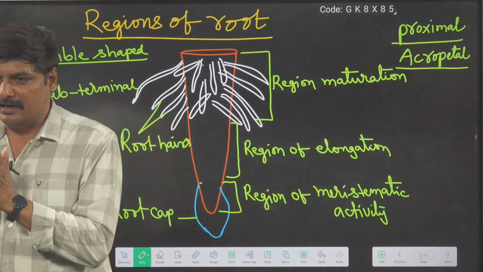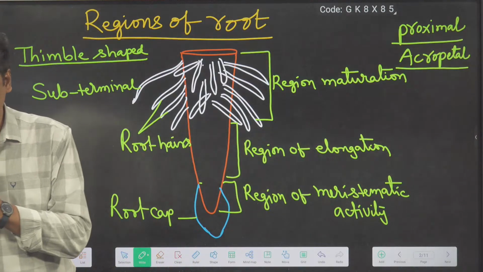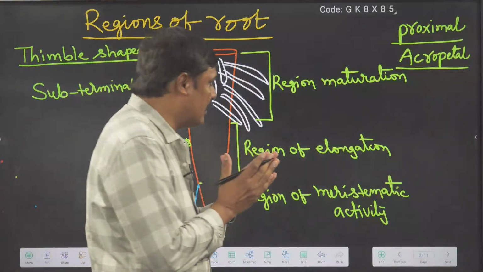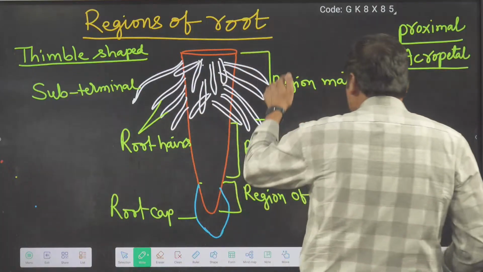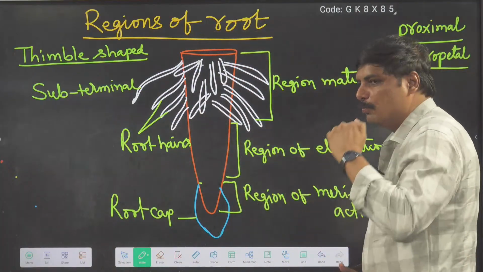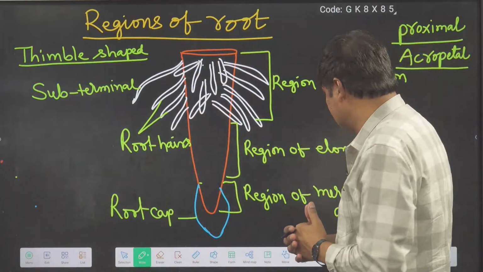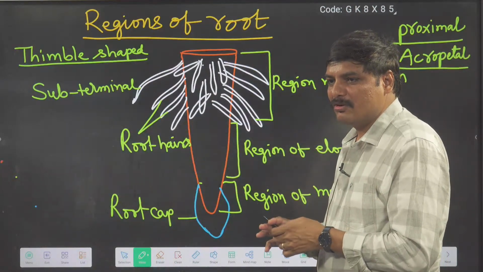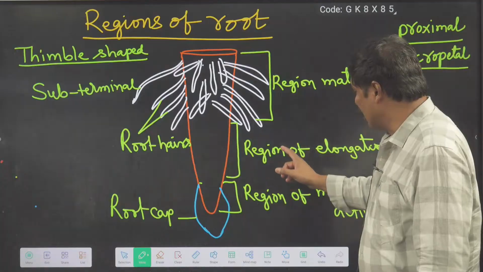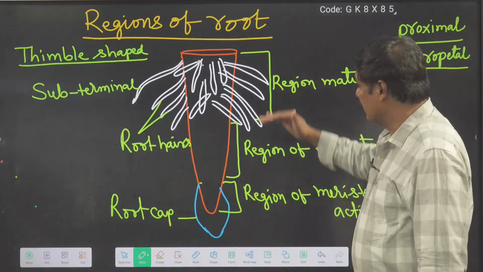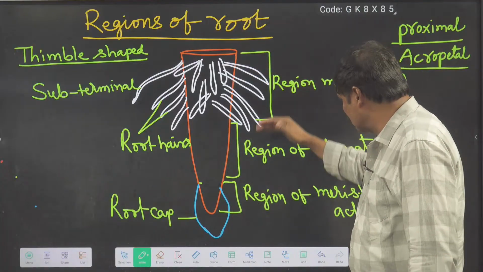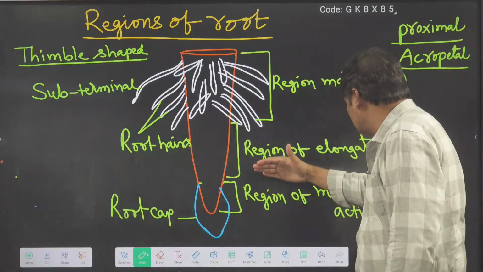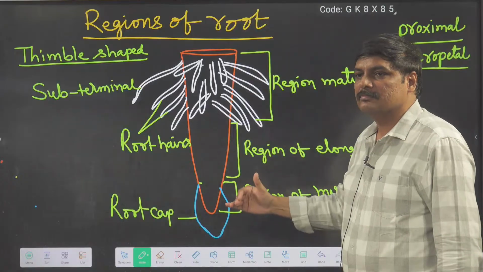Which region is present distal to the maturation zone, proximal to the meristematic zone? Yes, very good.